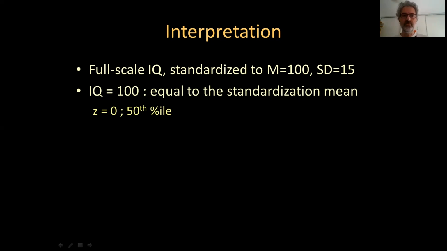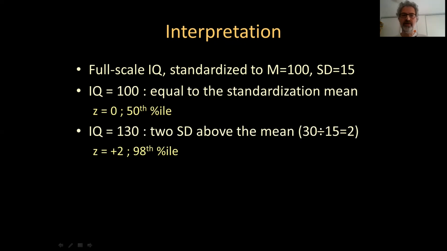So this is a z-score of 0, not away from the mean, exactly equal to the mean. Therefore, it corresponds to the 50th percentile. This means half the people score better and half score worse or equal to this score. So an IQ of 100 means you are in the middle.